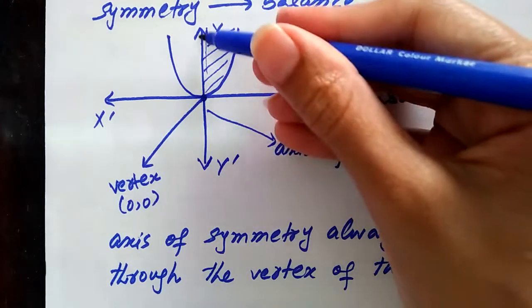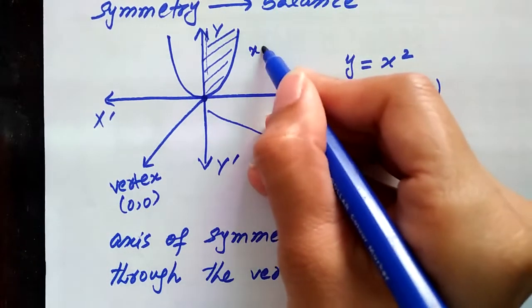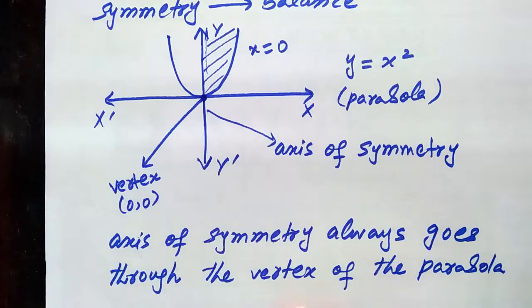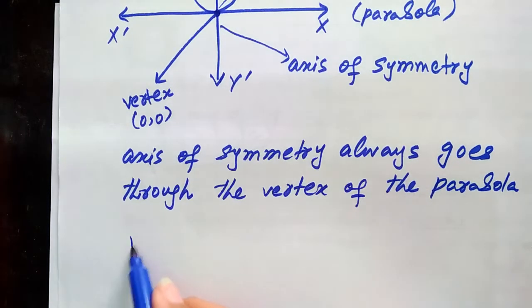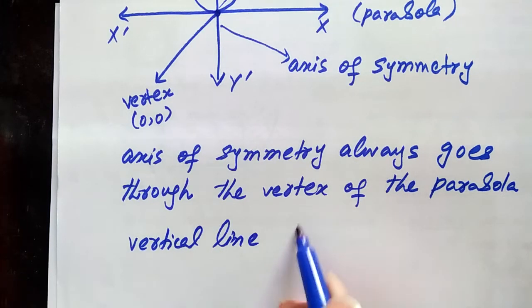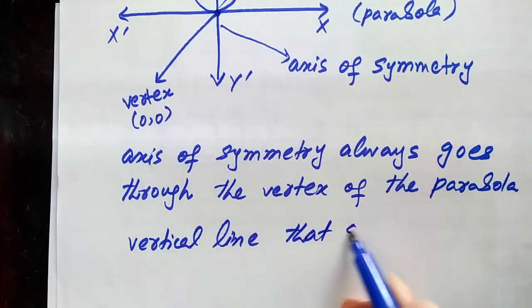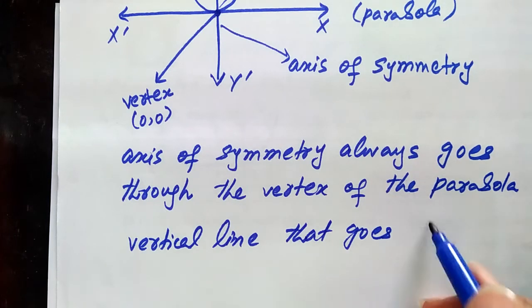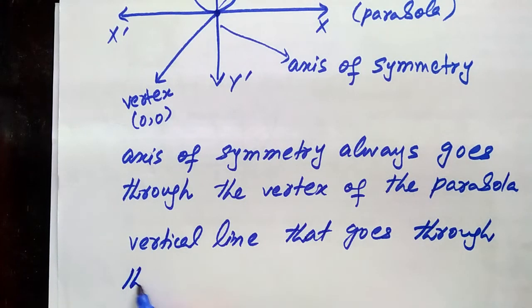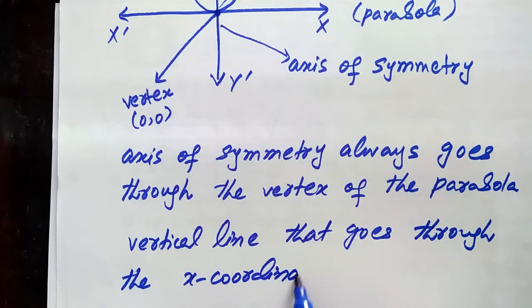Here, this axis of symmetry is x equals 0. It is a vertical line that goes through the x coordinate of the vertex.